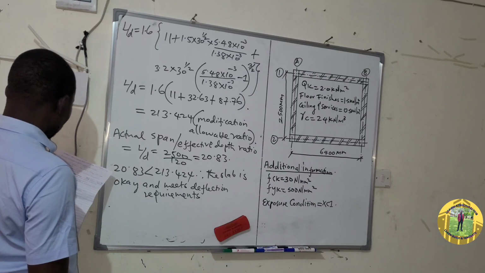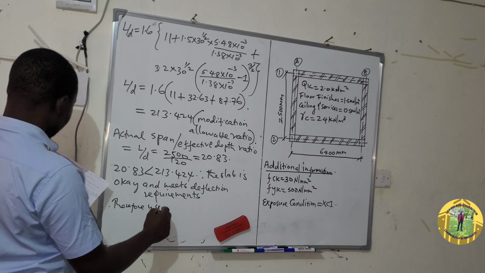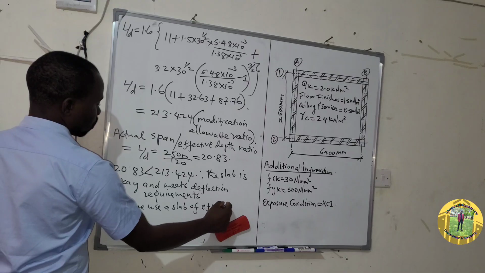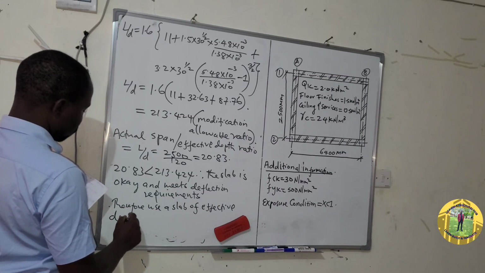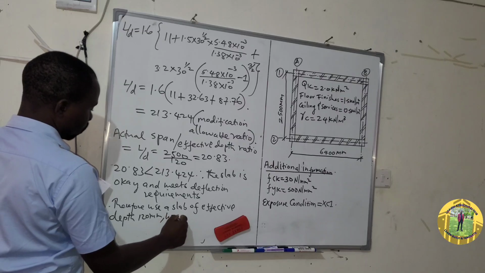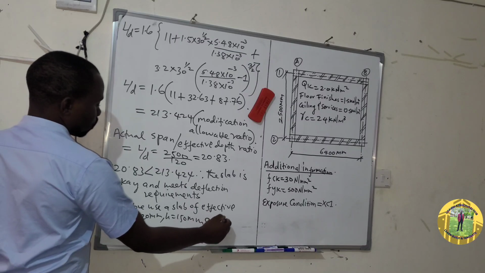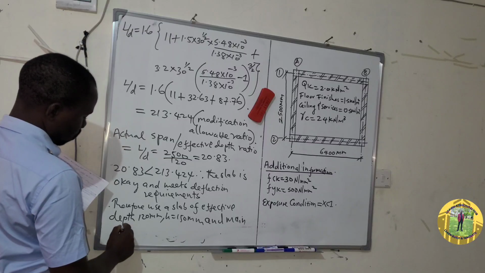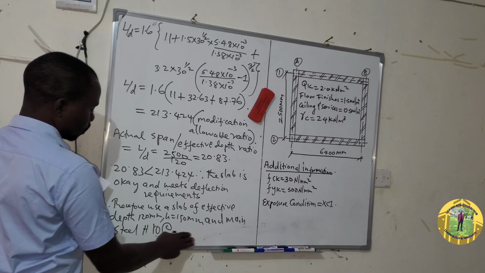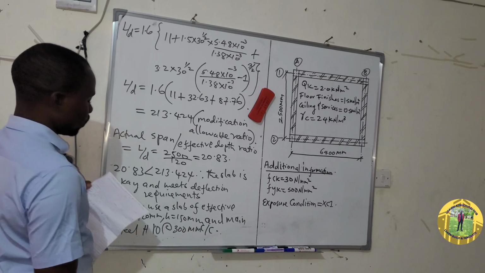And then from there, you can say that therefore use a slab of effective depth 120 millimeters, H 150 millimeters, and main steel H10 at 300 millimeter center to center.